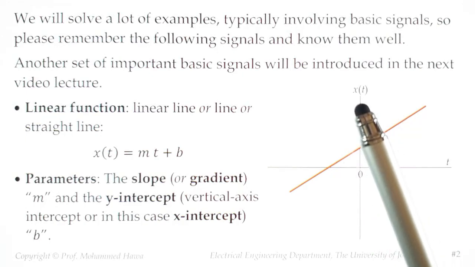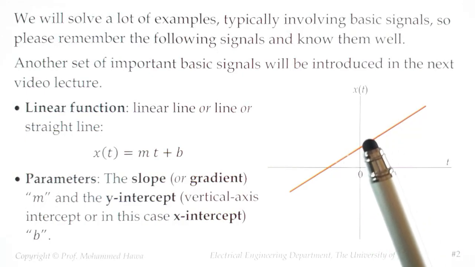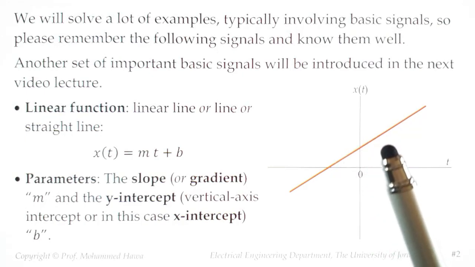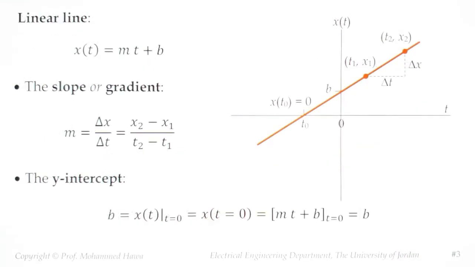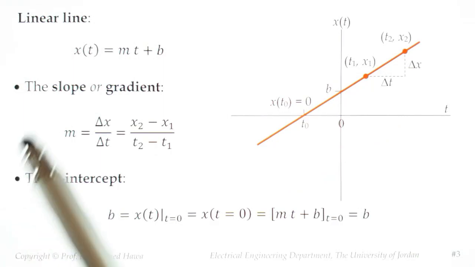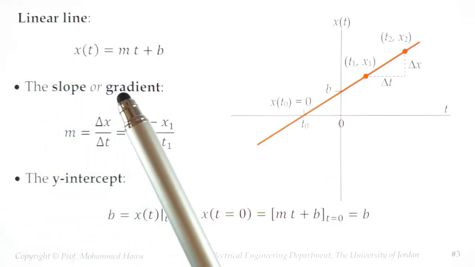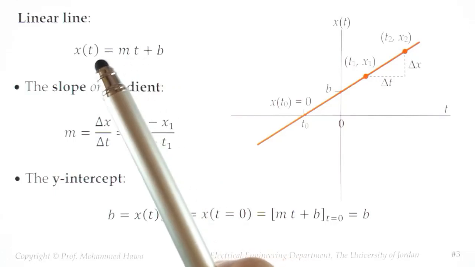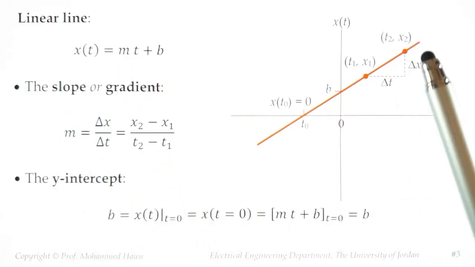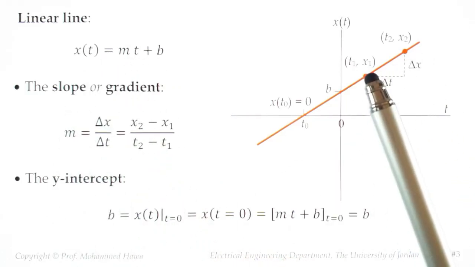In my case, I'm using x of t, so maybe you want to call it the x-intercept instead of the y-intercept. The parameters for the linear line are easy to understand and easy to calculate. For example, to find the slope or the gradient of this linear line, all you have to do is take 2 points on that linear line. Let's say I take t1 and x1.